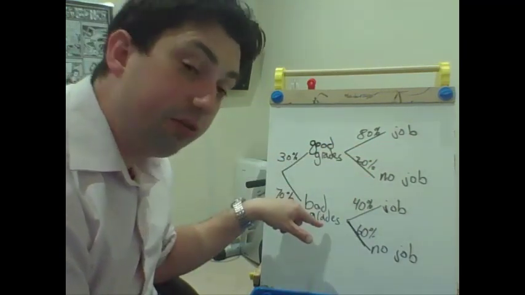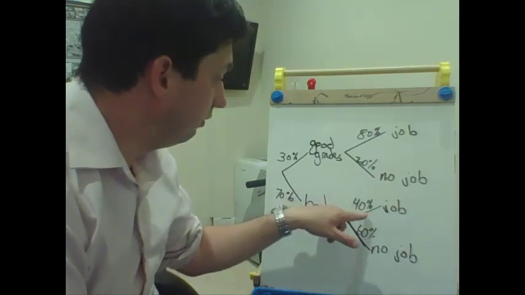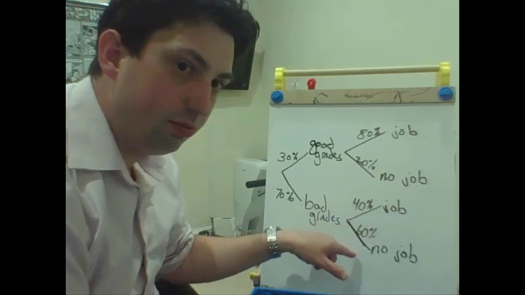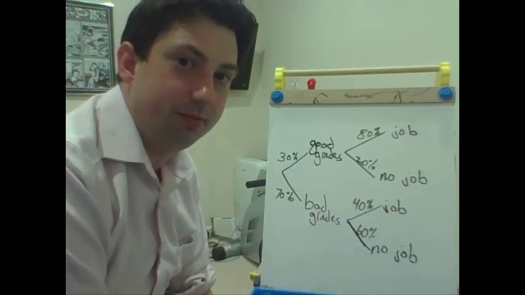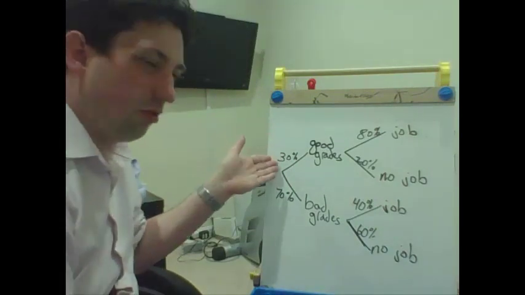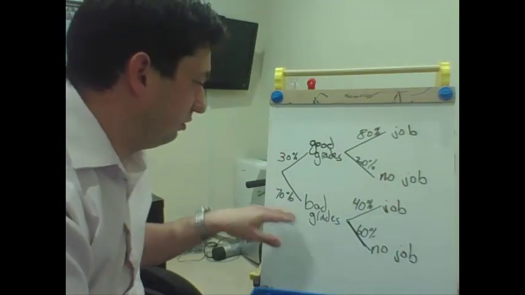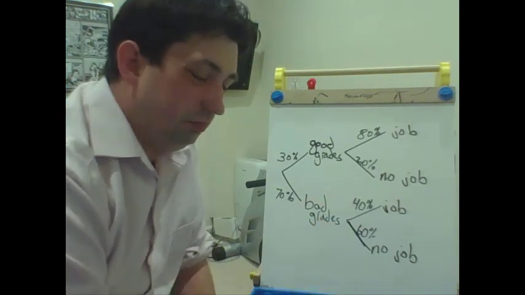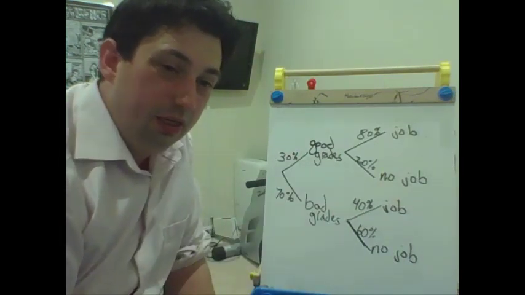If you get bad grades, then the chance of you getting a job is maybe only 40%, and 60% no jobs. I made up these numbers, by the way. Don't take this personally, like the fact that I gave you only 30% chance of getting good grades and a 70% chance of getting bad grades. But just to simplify an example.